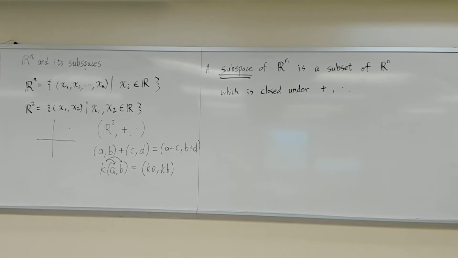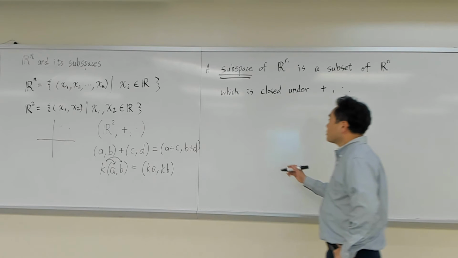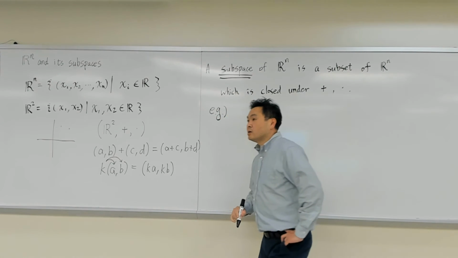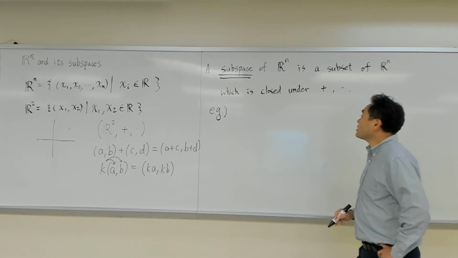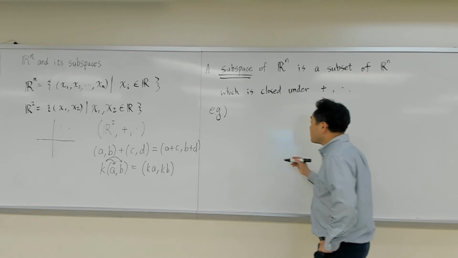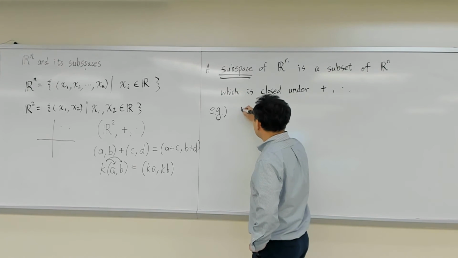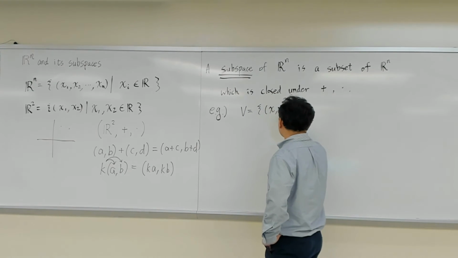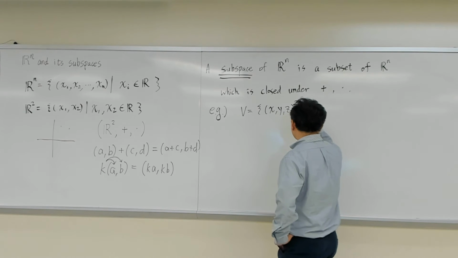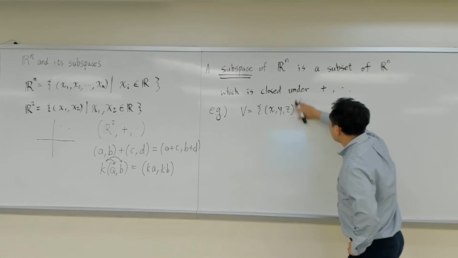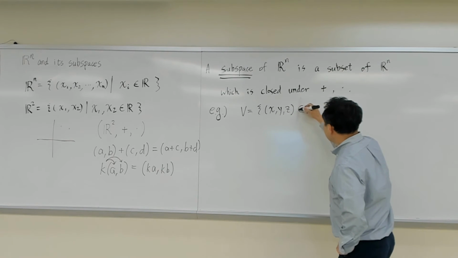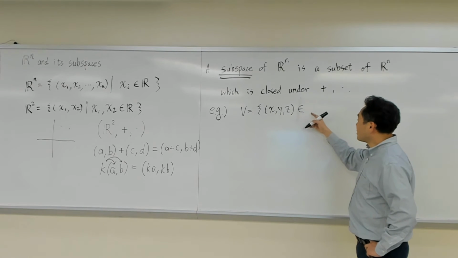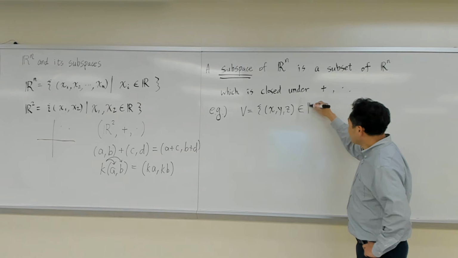So let's talk about some examples. What's such an example? Let's say you have this V, which is the set of (x, y, z), where, if you want to limit x, y, z to elements of a certain set, you write it over here.